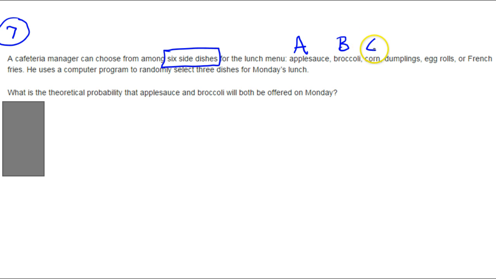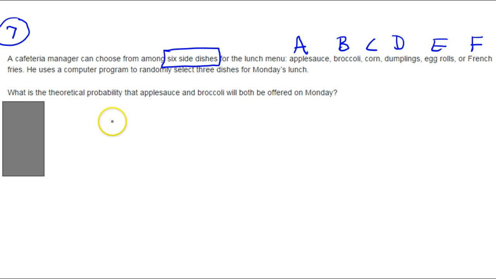A, B, C, D, E, or F. How nice. Okay. He uses a computer program to randomly select 3 dishes for Monday's lunch. What is the theoretical probability that applesauce and broccoli will both be offered on Monday?